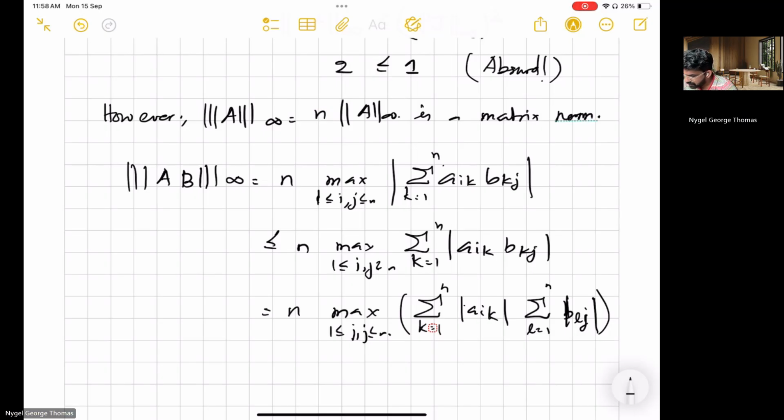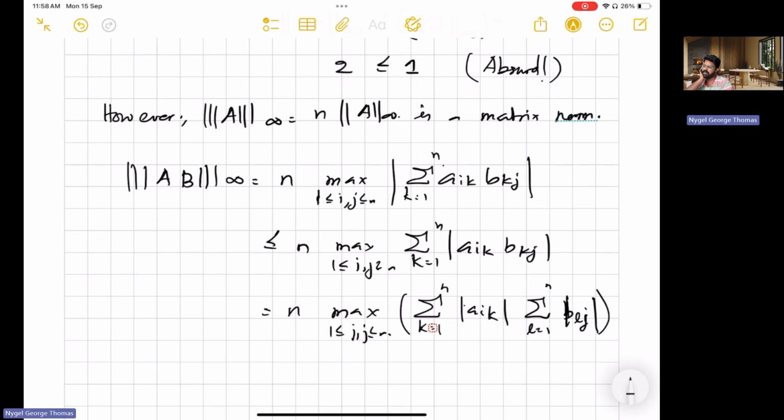Is this less than or equal to, or is it equal to?